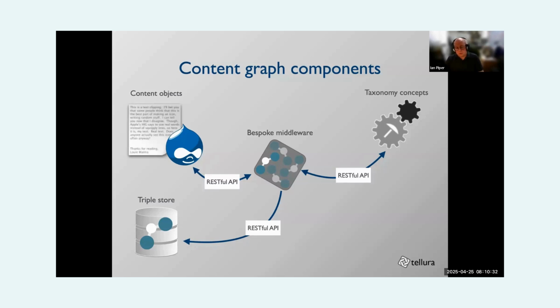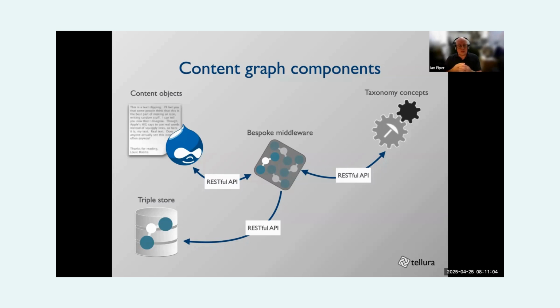They'll contain taxonomy concepts, and that will be a SKOS taxonomy in order to give you all of the richness that you need in order to have a really capable graph. You need a triple store, which is where, when you've created your tagging facts, you need a place to store them, and that triple store is where you would store this information.